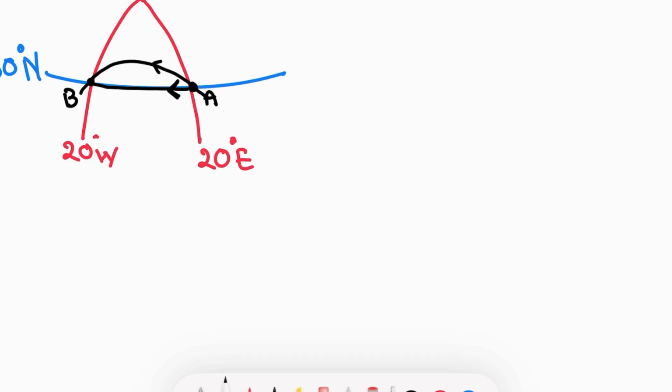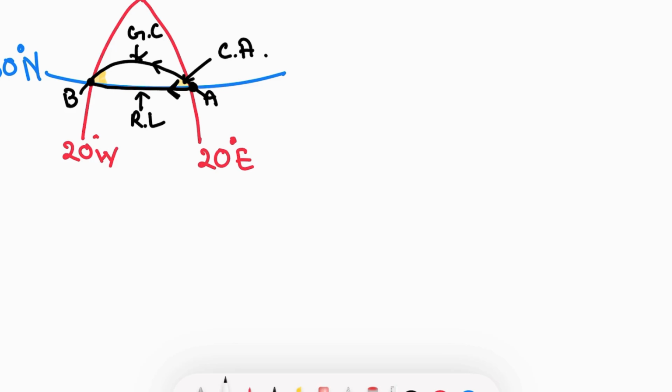The angle between the great circle and the rhumb line is the conversion angle, which is the yellow angle here and here. So let's find out the conversion angle, great circle and rhumb line.